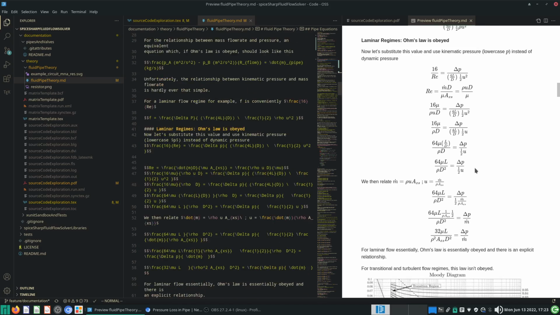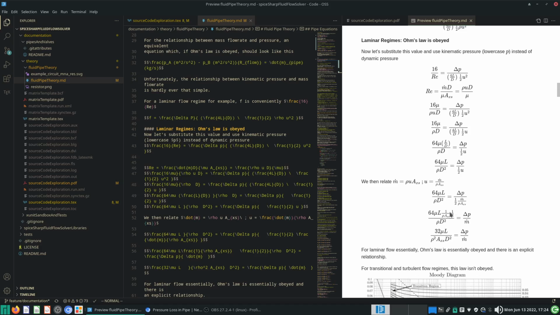Of course I can bring the half over to the other side, and I substitute mass flow rate. I should state this properly: velocity equals mass flow rate over density times cross-sectional area. I substitute that in here, and I put the delta P over mass flow rate as this ratio.